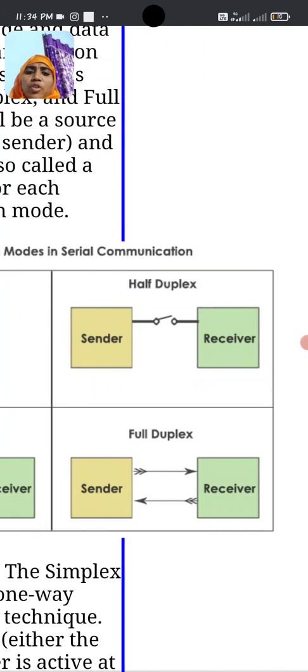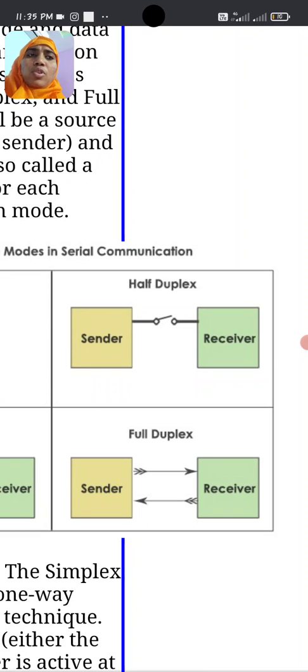Coming to half duplex, the data transmission is bidirectional, but not at the same time. If one device sends the data, the second device receives it. If the second device wants to send the data, device one will receive it.